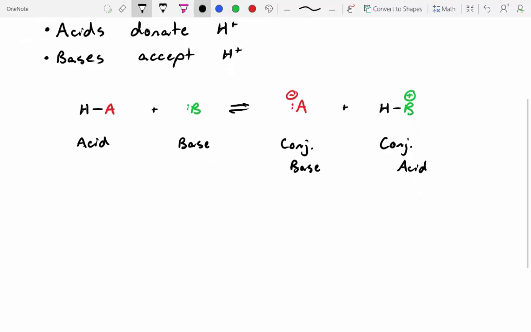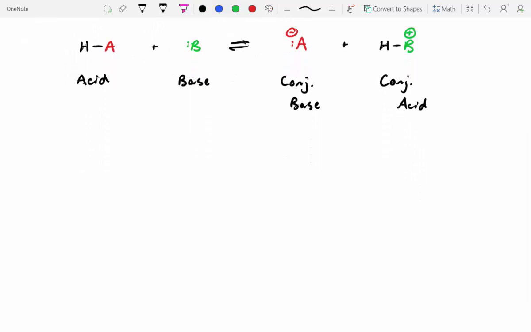There are two important concepts that we need to remember anytime we're thinking about acids and bases. The first one is that strong acids form stable or unstable conjugate bases. What do you guys think? Stable. If we've got a strong acid, usually we're going to form a super duper stable conjugate base.